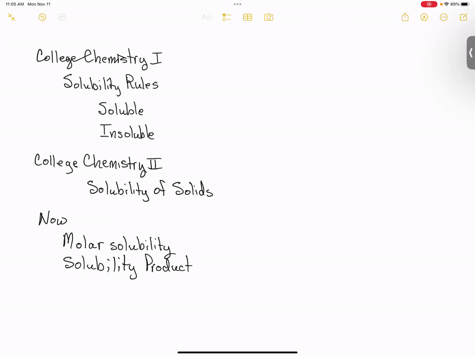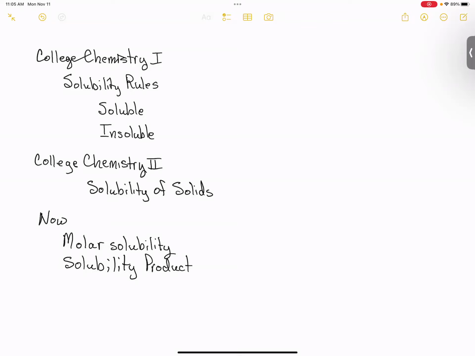Now, under the solubility rules, we classify things as being soluble or insoluble based on those rules. Those rules are really generalizations. And basically what I mean by generalizations is, and I've used it this semester too, I've always said, if it has a group 1 metal cation, it's soluble all of the time. And for the most part, that is true.